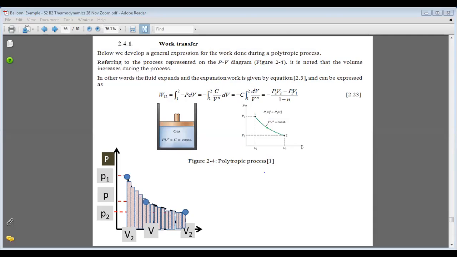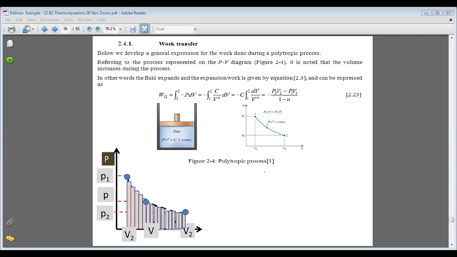In this W12 expression, n appears as P2V2 minus P1V1 divided by 1 minus n.